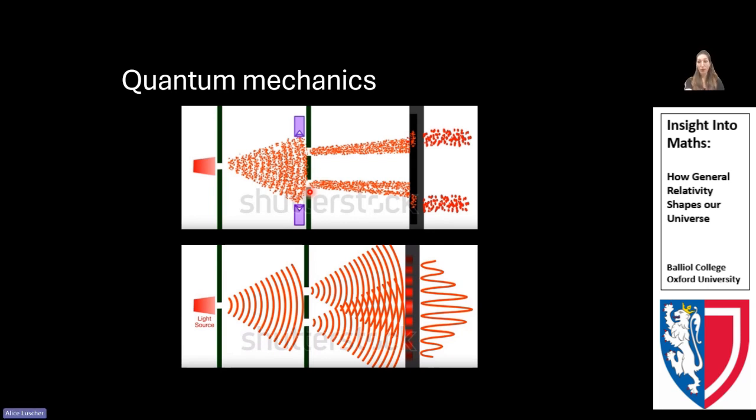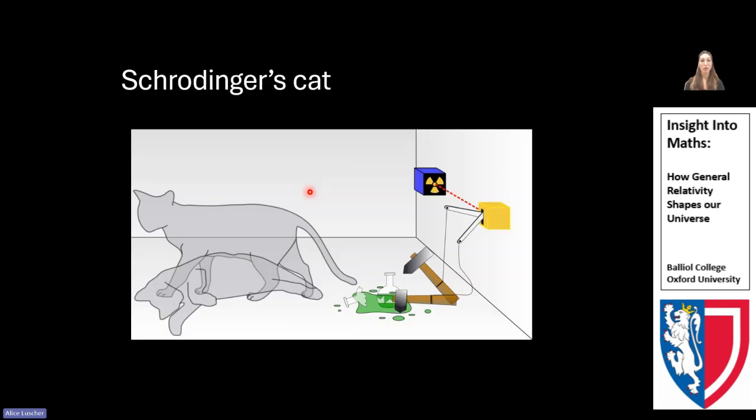And there is a thought experiment that had been designed by Schrödinger to talk about that effect. So basically, the electron going through both slits is in a superposition of states. So it goes through both slits at the same time. And so Schrödinger designed this thought experiment of putting a cat in a box. Again, that is just a thought experiment.